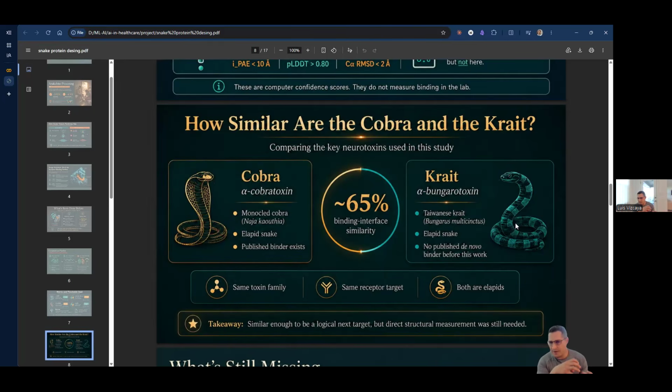They have the same toxin family and kind of the same receptor target, and they share around 65% of the toxin. I reviewed the literature and saw that nobody else has attacked this problem as far as I know. That's the objective of my work: to try to predict a protein for neutralizing the toxin in the krait.